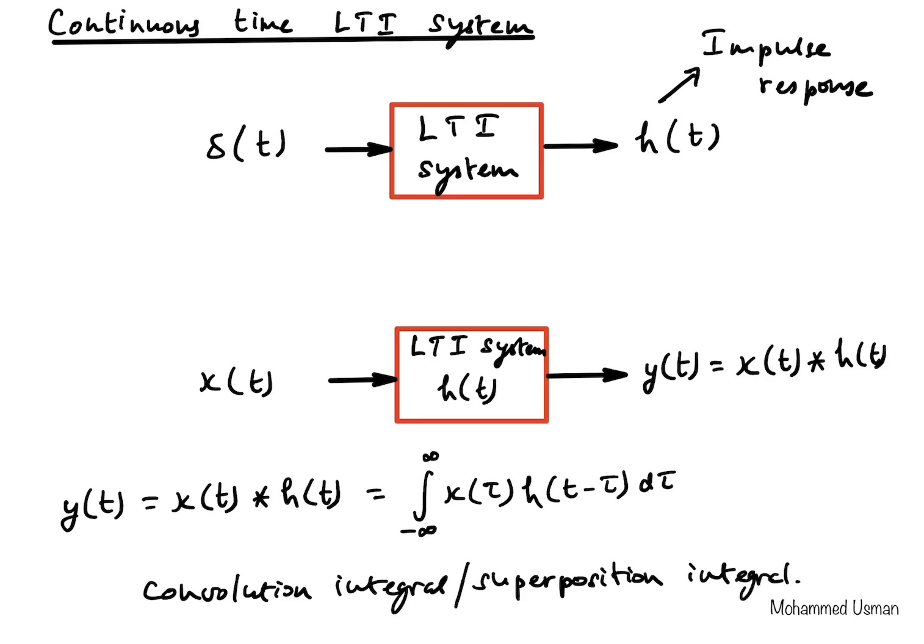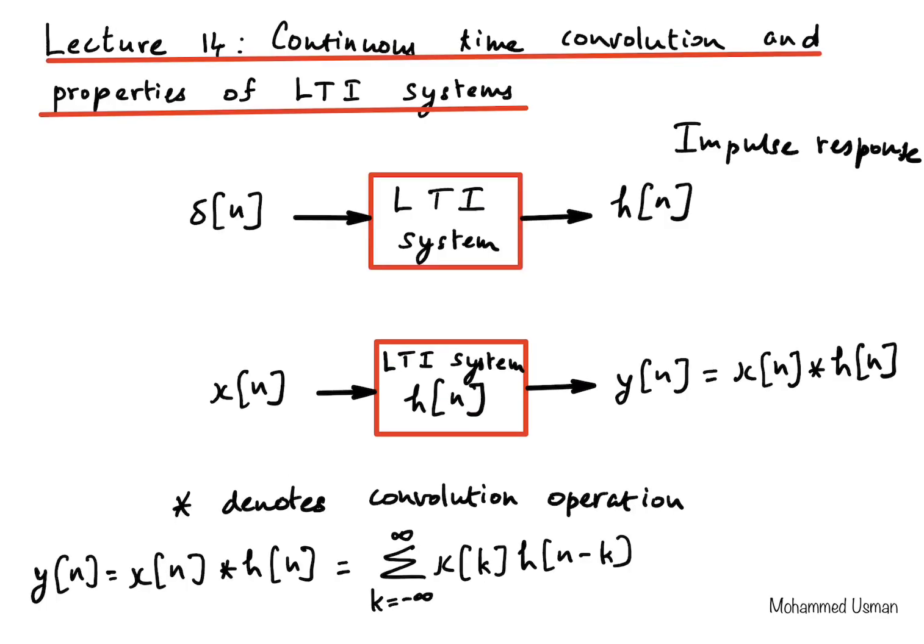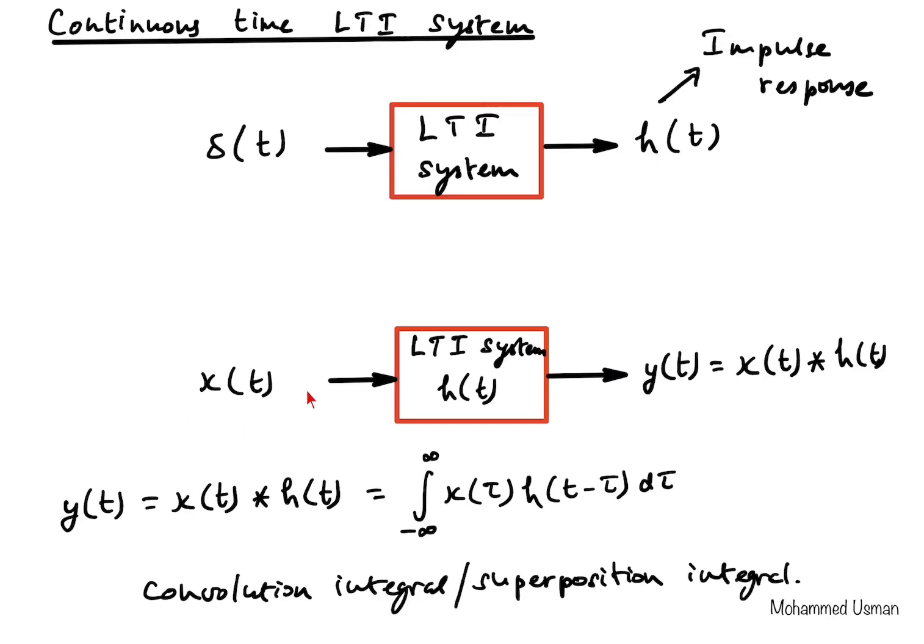Okay, and this arises as a consequence of being able to represent any signal x of t in terms of delta of t, right? Just as we could represent any input signal x of n as a summation of shifted and scaled delta functions in the discrete time, similarly, any arbitrary continuous time signal can be represented as an integral of shifted and scaled delta functions, right?